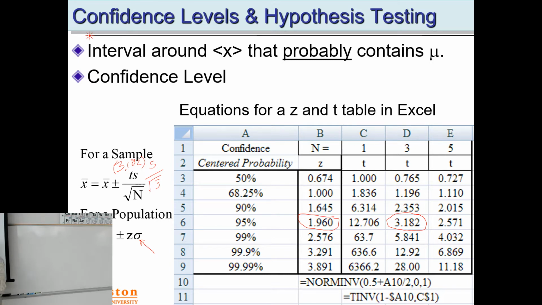We're taking 0.5. Let me show you how this number is calculated. What we're giving it is 95% confidence.